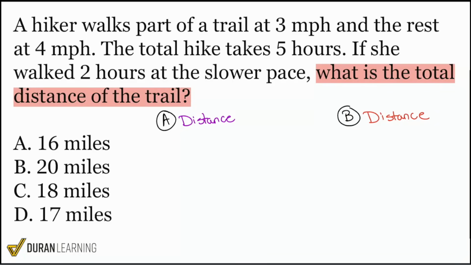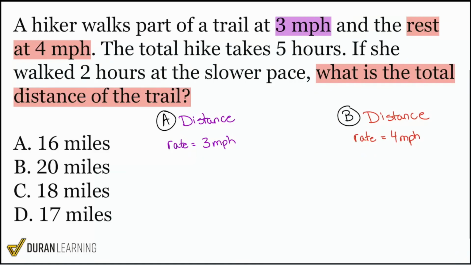I got you. So the hiker walks part of the trail at 3 miles per hour. I'm going to call that part A, if that's okay with you. So I'll just say 3 miles per hour. And then part B, I'm going to highlight in red, the rest at 4 miles an hour. So my rate is 3 miles per hour, and my rate over here for part B equals 4 miles per hour.